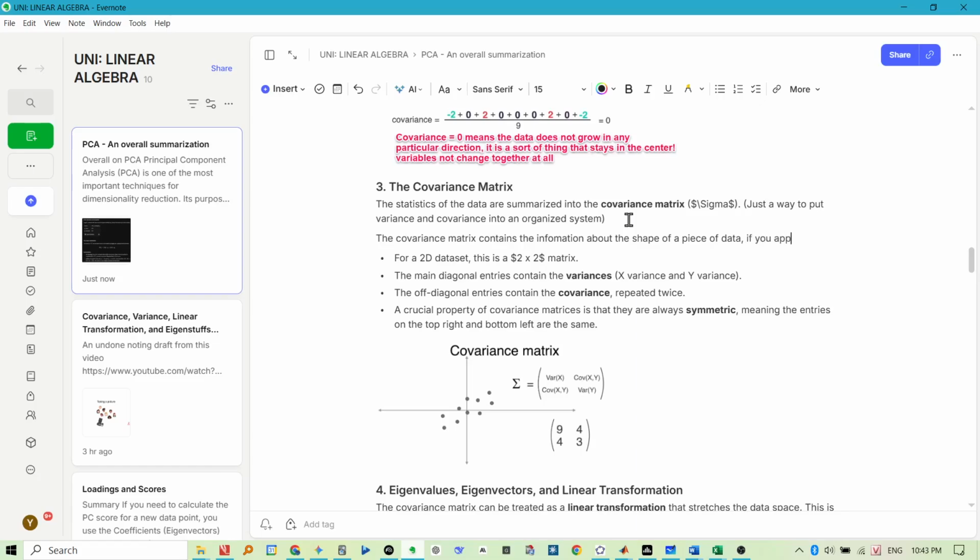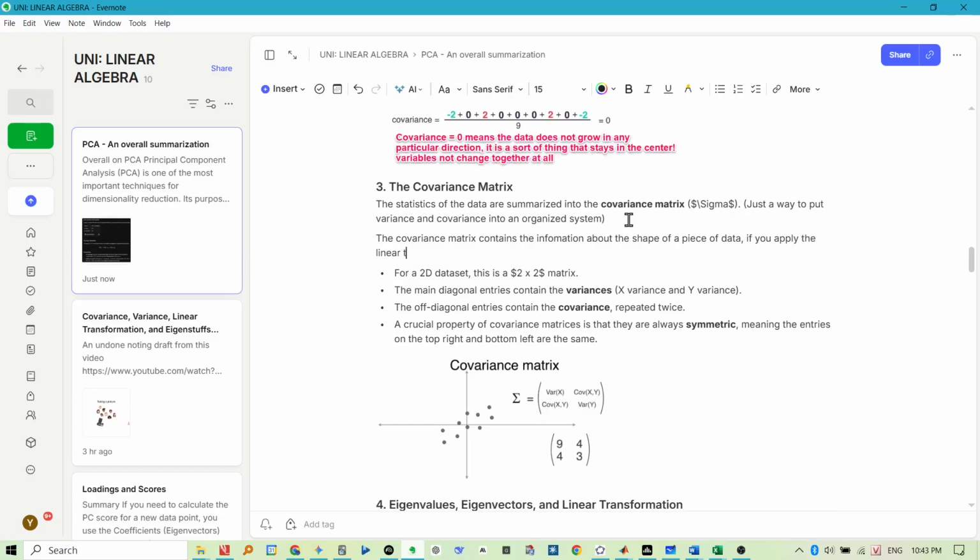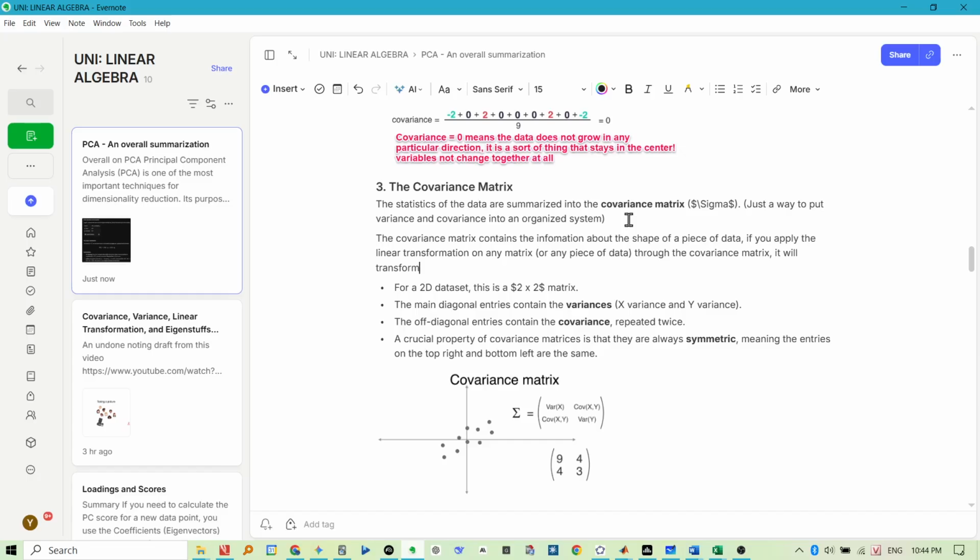If you apply the linear transformation through the covariance matrix on any matrix or any piece of data, it will transform that matrix into a new matrix that has the same shape as our piece of data. Okay.